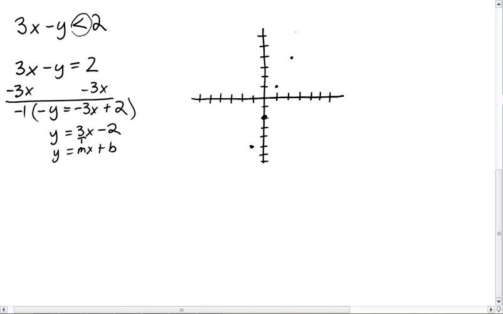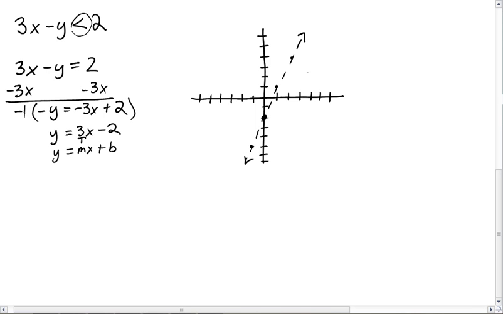And so what I need is some way of dividing this without having a solid line demonstrating the answers. The way we do that is by using a dashed line. The dashed line demonstrates the fact that there is a division here. I'm dividing one side from the other, but I don't want to include the points on this line.